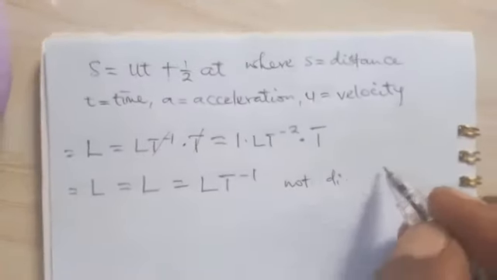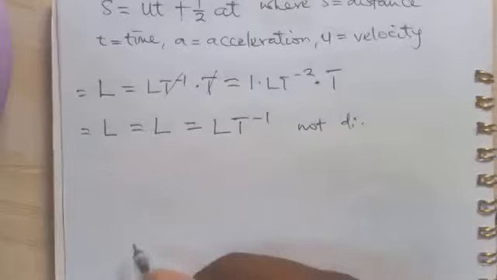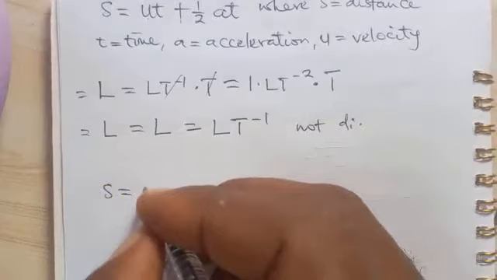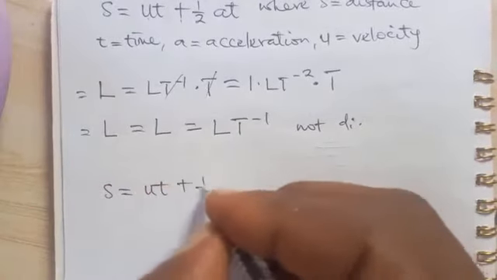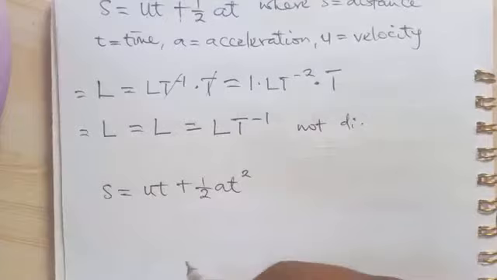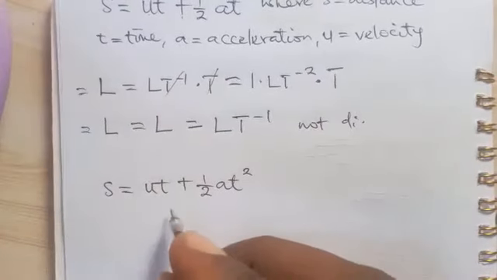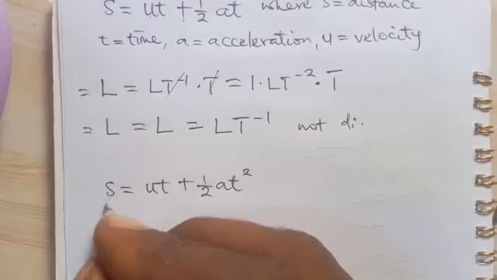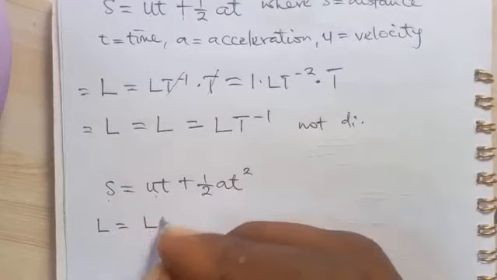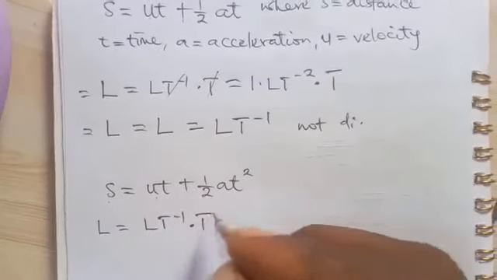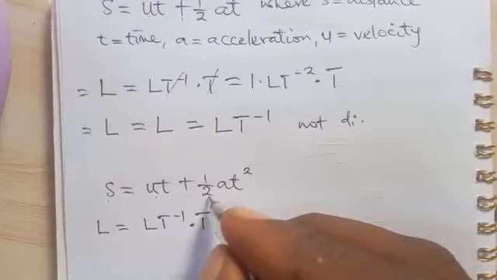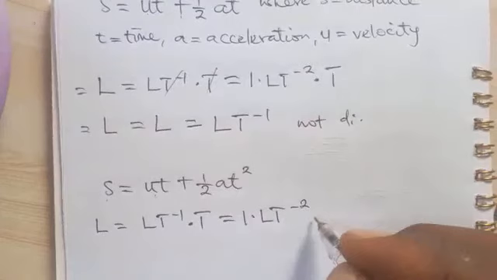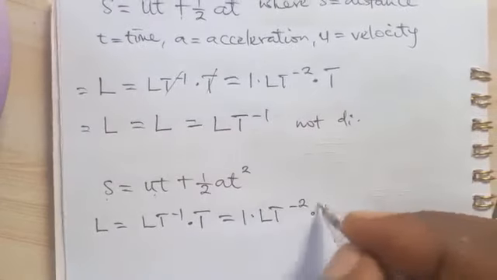So not dimensionally correct. For us to find the dimensionally correct equation, it is giving us s equal to ut plus half at squared. So this is the dimensionally correct equation. Now confirming that s stands for length, distance. So L equal to LT minus 1 dot T equals sign 1 times acceleration is LT minus 2 times T squared.